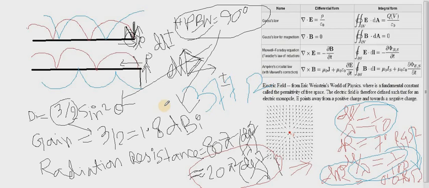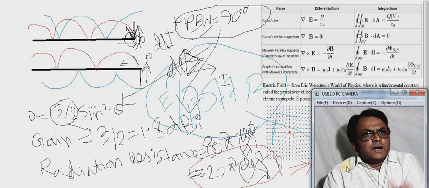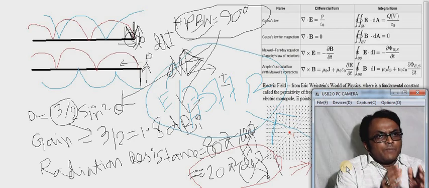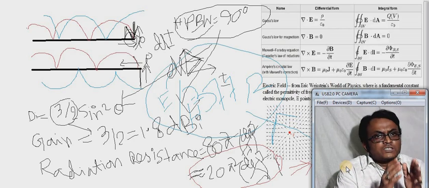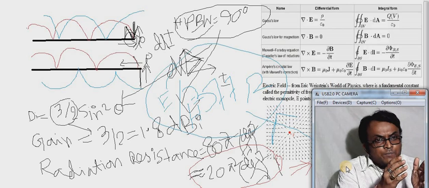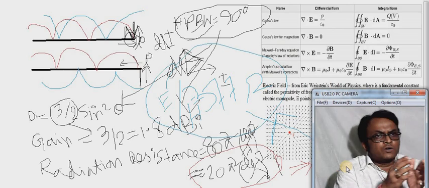So the mismatch will be very high. We cannot say this type of antenna is very efficient, and for matching purposes this antenna will not serve our purpose either.